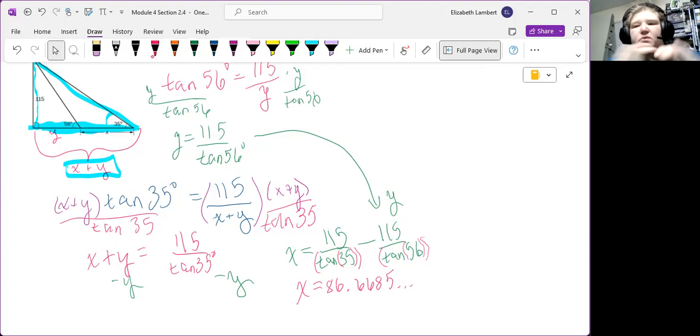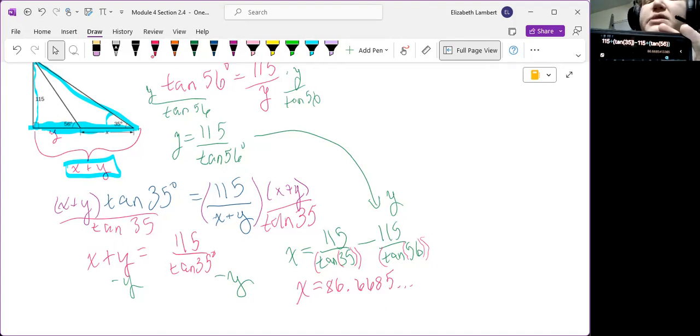All right, so I'm going to try and share the screen, like quite literally show you my phone, and I can't tell if it's not reversed. All right, so see I had the 115 divided by tangent 35 minus 115 divided by tangent of 56. The calculator will do order of operations, but if you're not sure, you can put parentheses around each individual fraction.